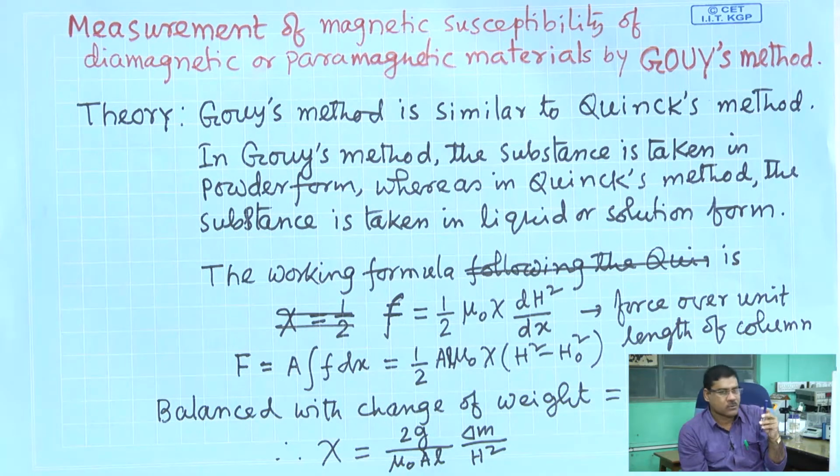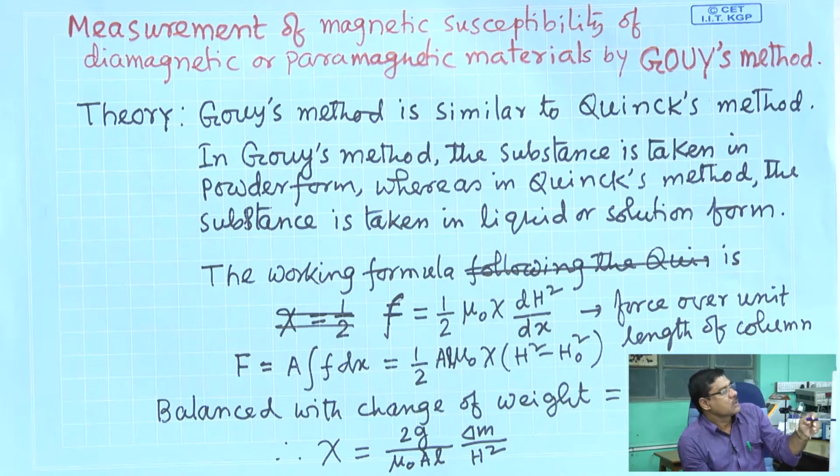Why do we need a column form or tube kind of thing? Because the condition is that we have to use an inhomogeneous magnetic field. Some part of the sample has to be outside of the magnetic field. Then only can we think of the variation of the magnetic field.